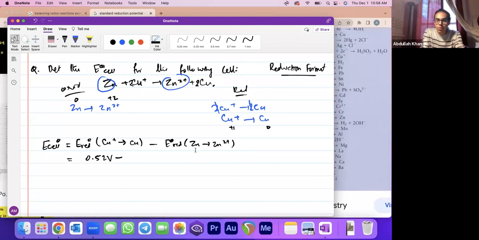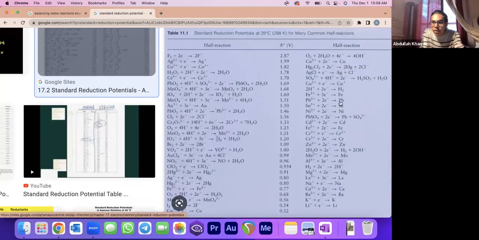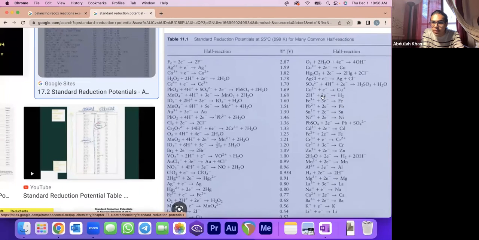But for the zinc, you won't find an exact match for zinc becomes Zn2 plus because this is oxidation. You'll find the same reaction, but in the flipped reduction format. So to get an exact copy of your oxidation reaction, you first have to flip it so it becomes the reduction format, and then look it up in the table. So that's Zn2 plus, where's my zinc?